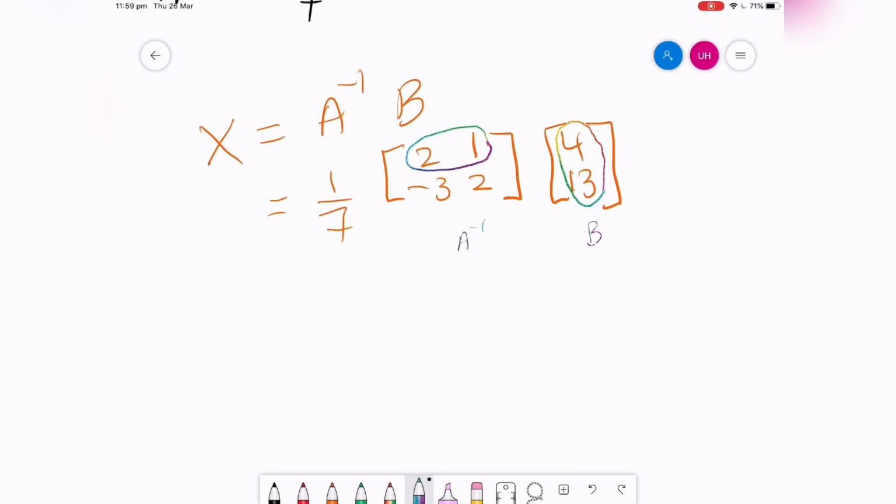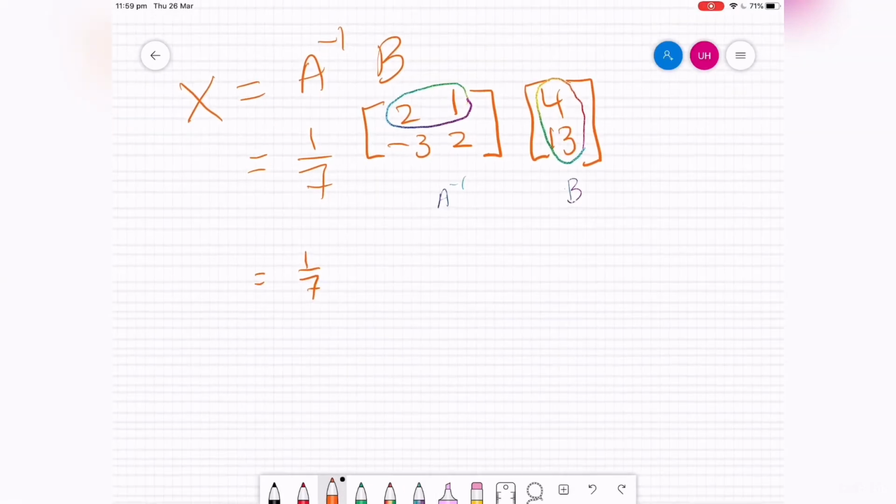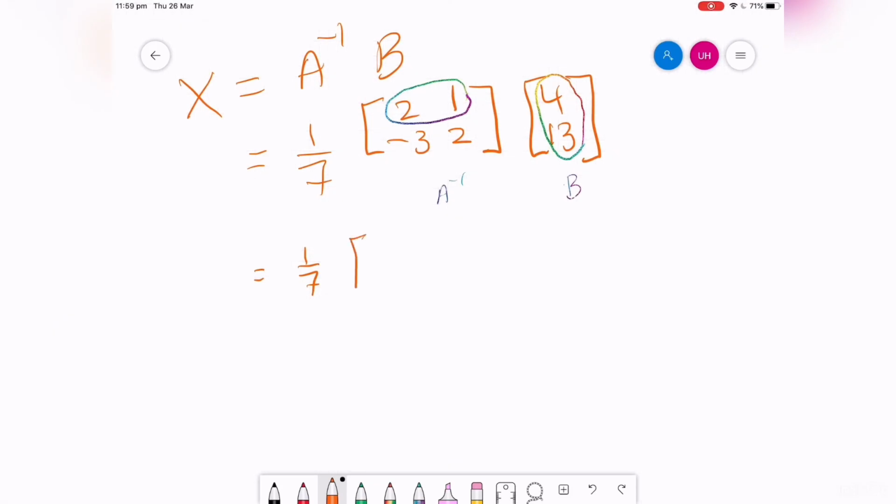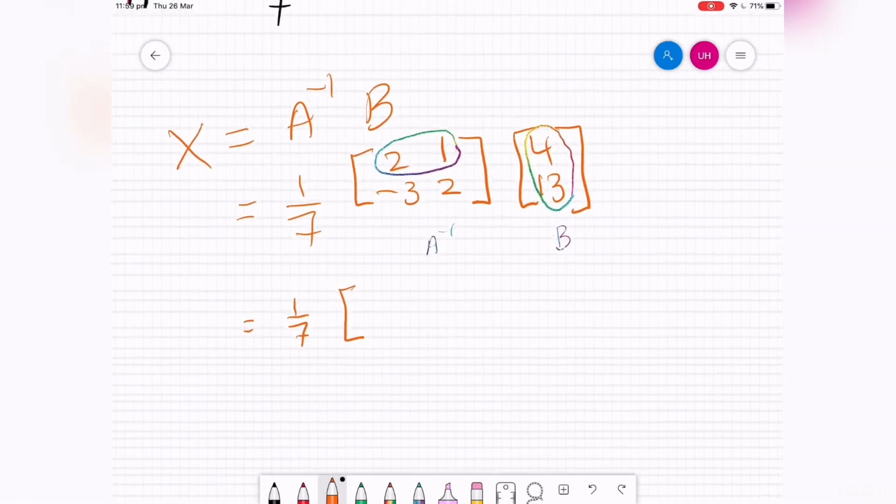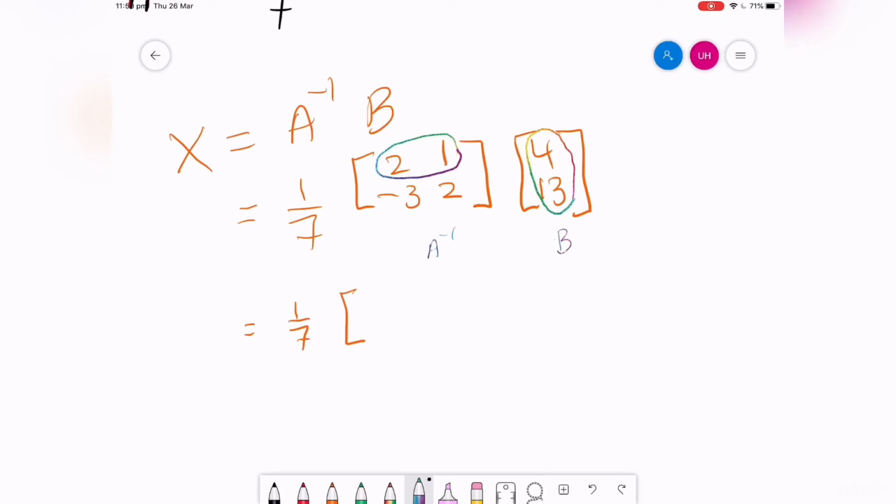So X equals 1 over 7, for now leave it as it is, then we multiply these two matrices. Again, to check it works, we have this 2 by 1 and this 2 by 2, and both have the same number in the middle, so it's okay to multiply. So 2 times 4 is 8. So 2 times 4 plus 1 times 13.